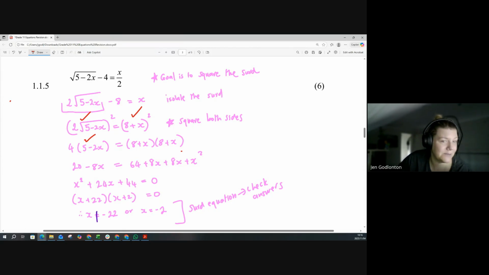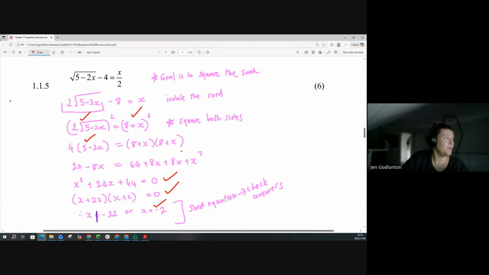And then I suspect you would only get your next mark here once you've done the standard form. And then you would get a mark for factorizing again and 1 mark for the correct answer.